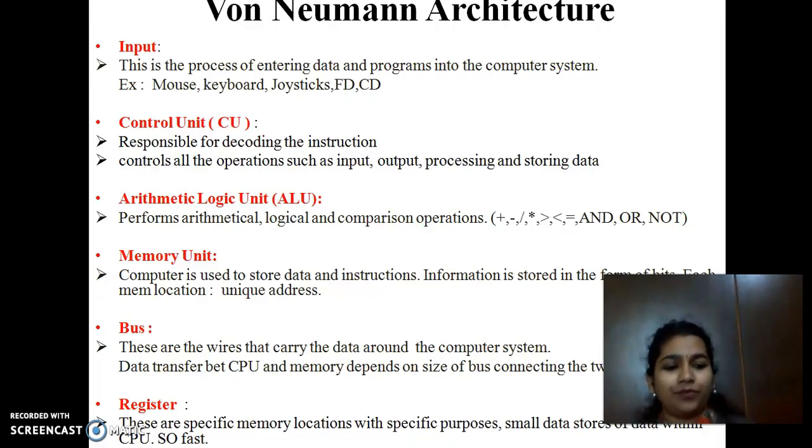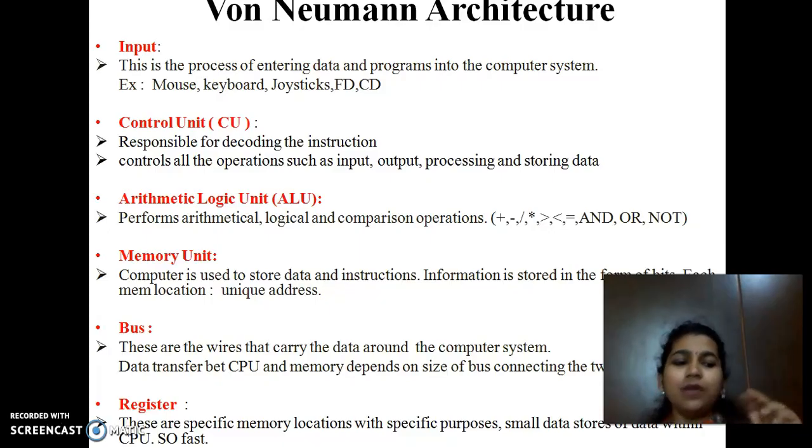So what is decoding? When you write a C program, you write in a human readable language, or else we can say you write in a high level language which is understandable by humans. Printf, scanf, this language is not understandable by the computer. The computer understands the language which is in the form of zeros and ones. So whenever we want a program written in a high level language to execute, it needs to be converted into a lower level language, that is, in the form of zeros and ones.